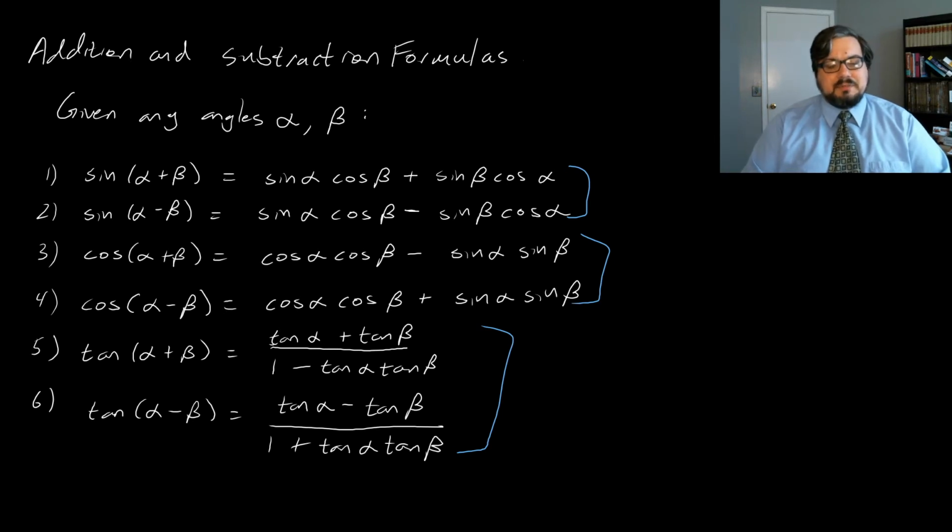With tangent, these ones have more terms in them, but again, you'll notice that the locations of the tangent alphas and tangent betas are all in the same spot. The only thing that changes is whether you're adding or subtracting at each point. So this is the set of addition and subtraction formulas that we're going to want to work with.